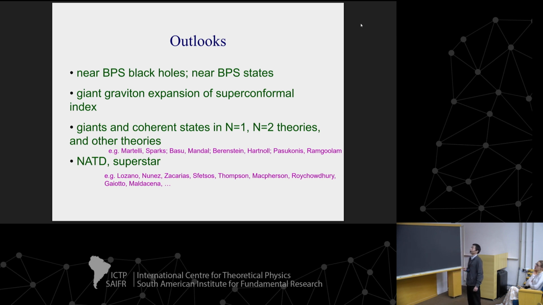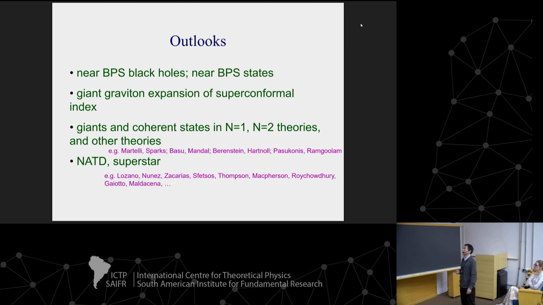There's an important method of the superconformal index by Huang and other friends. And there's also the giant graviton expansion of the superconformal index, which one can expand in giant gravitons.